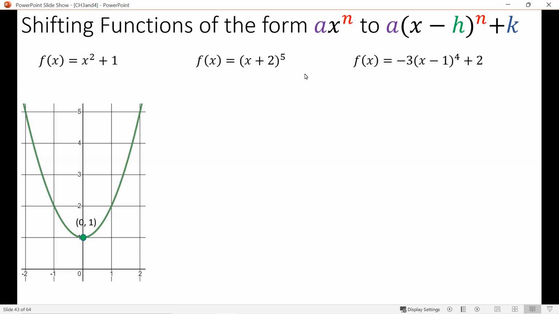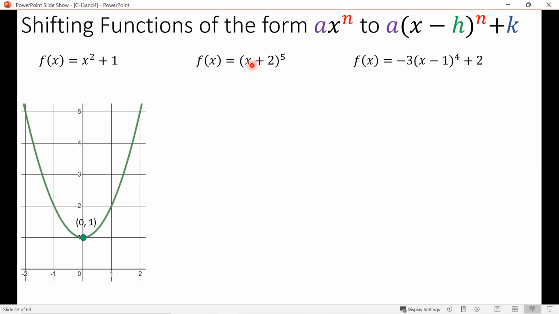Now in our second equation, x plus 2 to the 5th power. We're to an odd power, so that means we are not going to be a parabola, but kind of that S shape. This allows for negative numbers. And we've got a +2 inside the parentheses, so that's really an x minus -2.